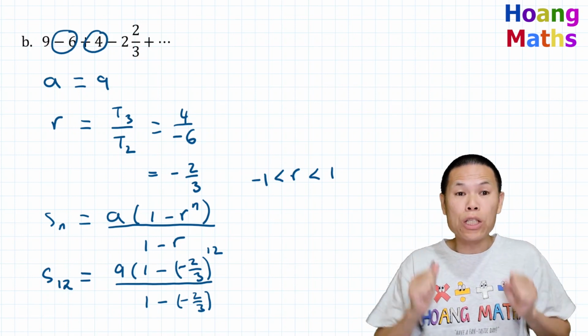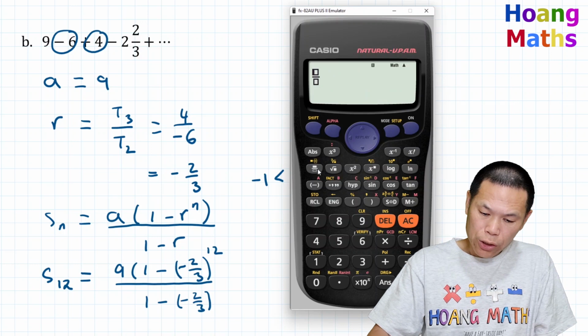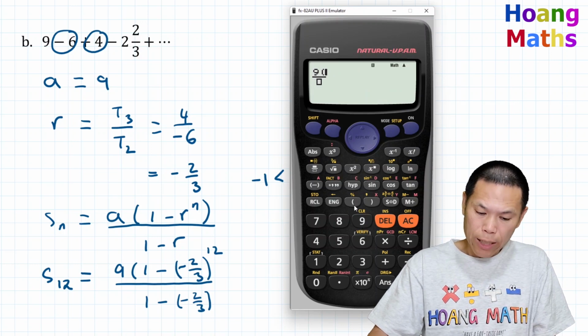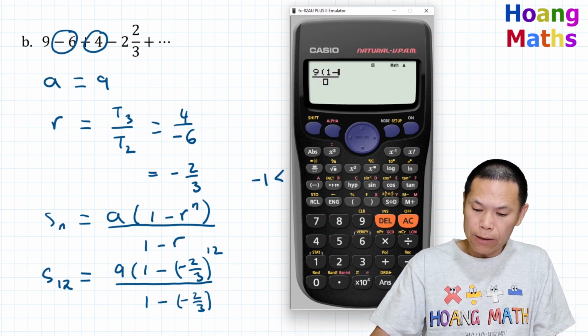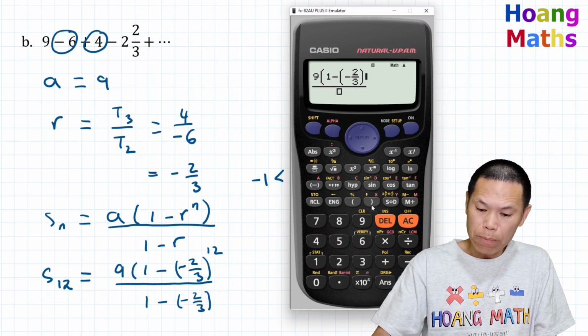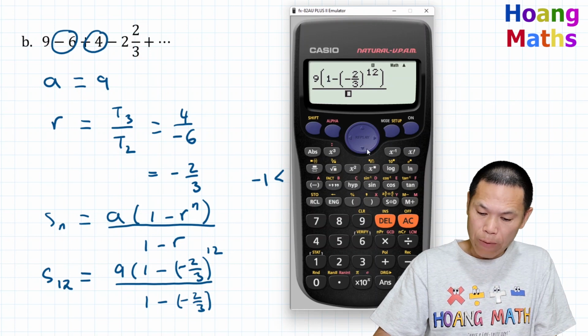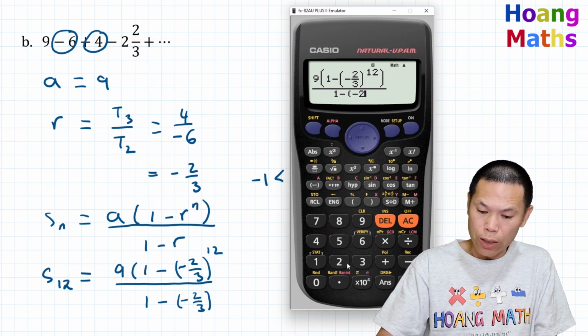So now what I do, I just put that on the calculator. So just go fractions, 9, brackets, 1 minus, don't forget brackets again, 2/3, and close bracket, power of 12. And get out, close bracket one more time, and we have 1 minus bracket, negative 2/3.